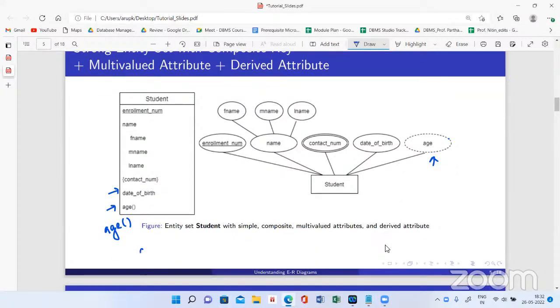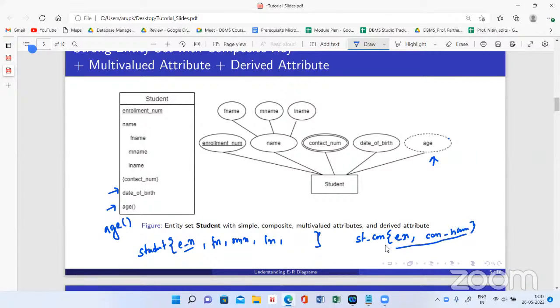If I have a student, I'll have enrollment number, which is the primary key, first name, middle name, last name, and we'll have student contact number, which will have enrollment number and contact number, which is a composite key. And here I can only keep date of birth.